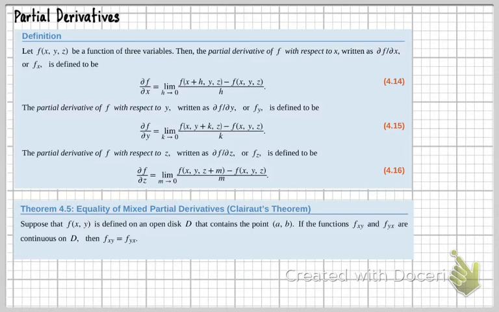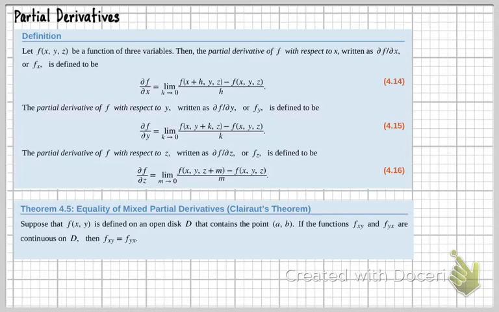That's all that is. So anyways, the next thing I want to talk about here is this equality of mixed partial derivatives, Clairaut's theorem. And I know I said that wrong, but I did the best I could. All right, now this says, suppose that f(x,y) is defined on an open disk D that contains the point (a,b). If the functions fxy and fyx are continuous on D, then fyx equals fxy.